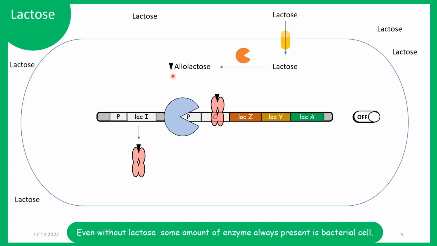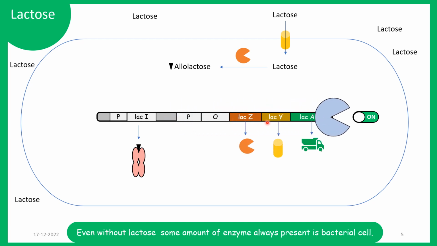Now, due to binding of this allolactose, an inducible molecule for this operon, this repressor protein is getting deactivated and removed from the operator. So now RNA polymerase is getting activated and transcribes the genes of the Lac Operon, and this is called the switch on condition of the Lac Operon.